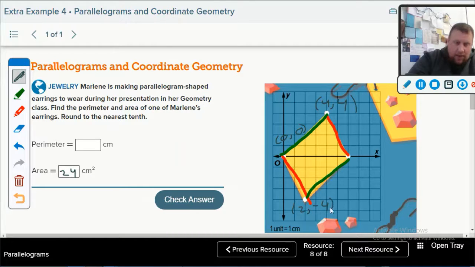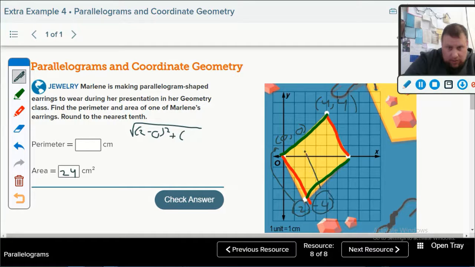All right. Now we're going to use this in our distance formula. Our distance formula, remember, to find the distance between 2 points is the square root of, in this case, looking at these 2 points, 2 minus 0 squared plus negative 4 minus 0 squared.